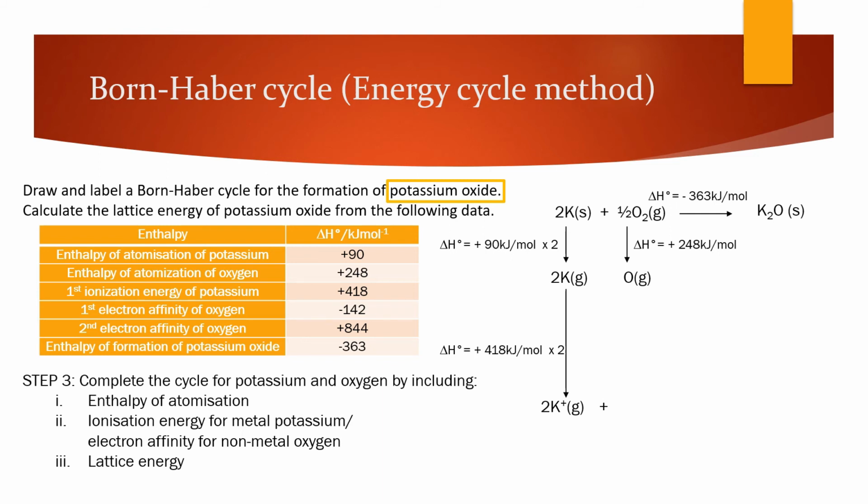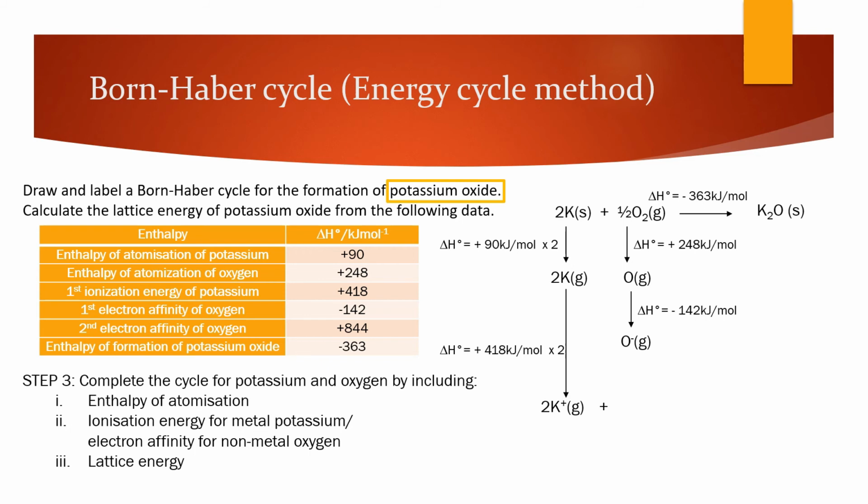So because of that, the enthalpy of atomizations of oxygen, we just multiply by 1. And then the gaseous oxygen atom, remember, we need to make it into O2 minus ion. So how to make it into O2 minus ion?